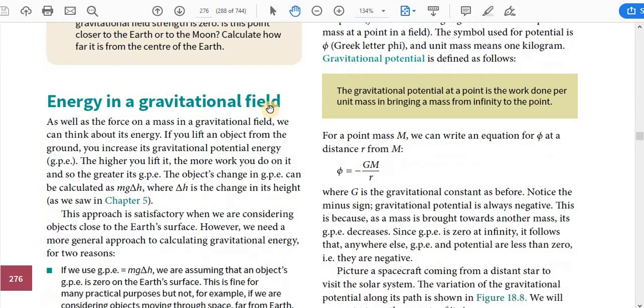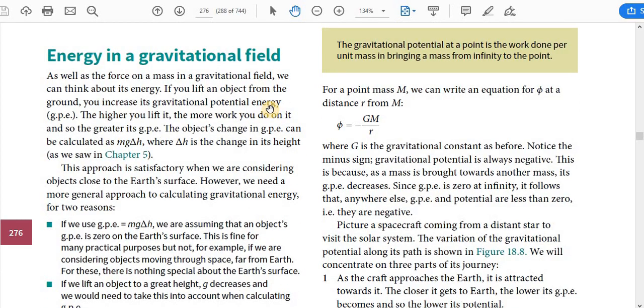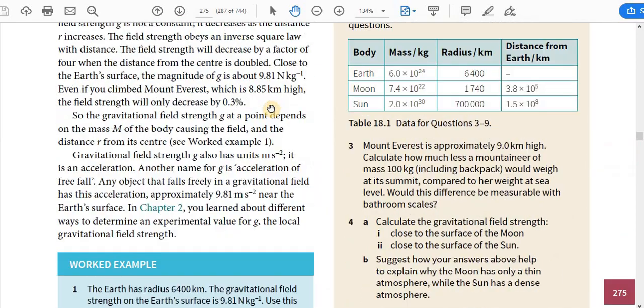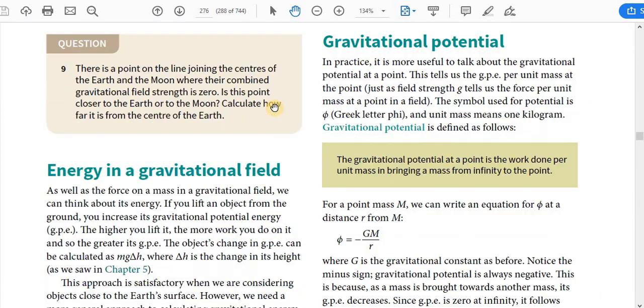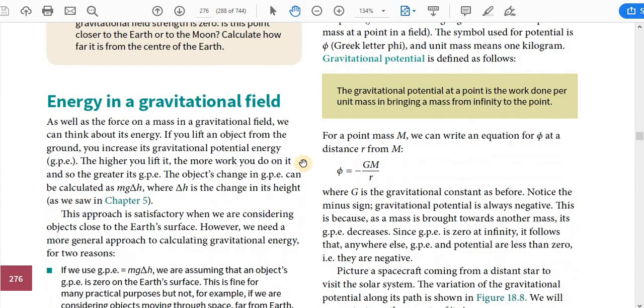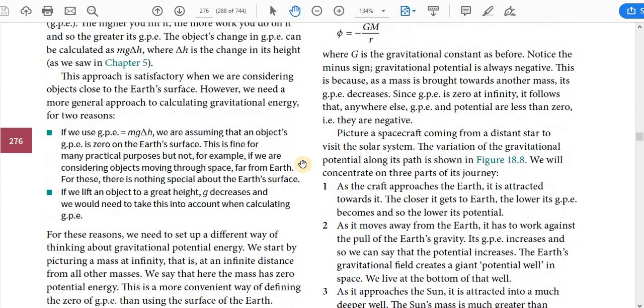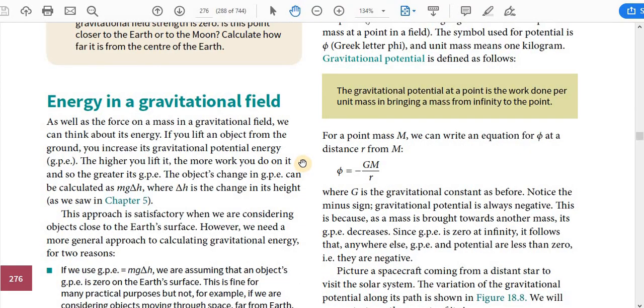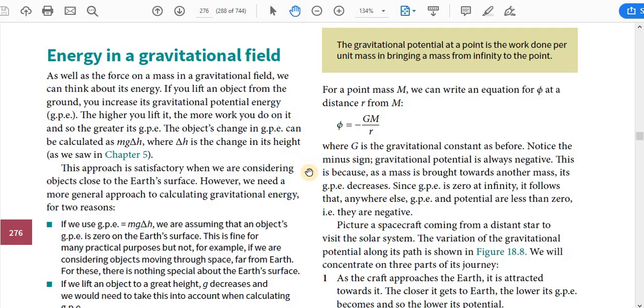Okay, then the next one, energy in a gravitational field. Here, you have learnt about gravitational potential energy in the AS classes, and you came across this equation: gravitational potential energy equals mgh.